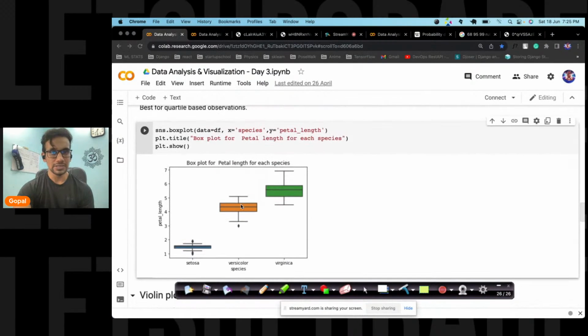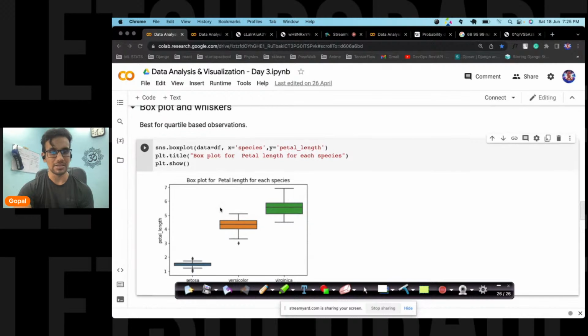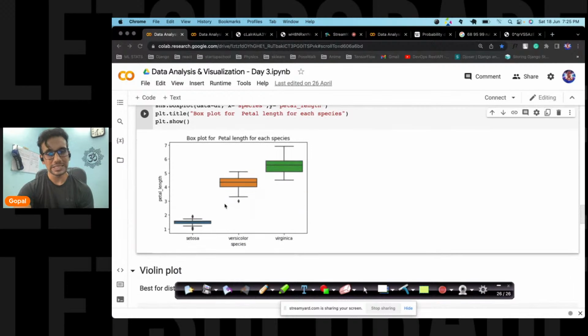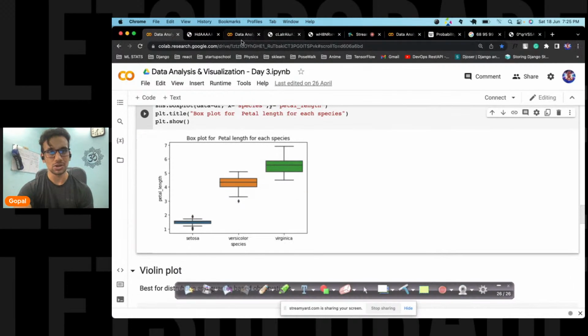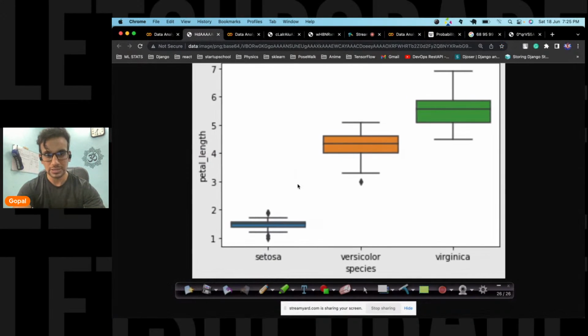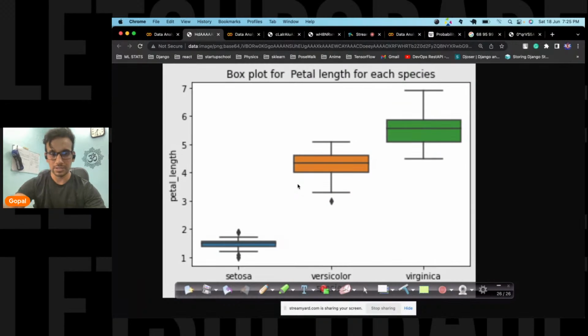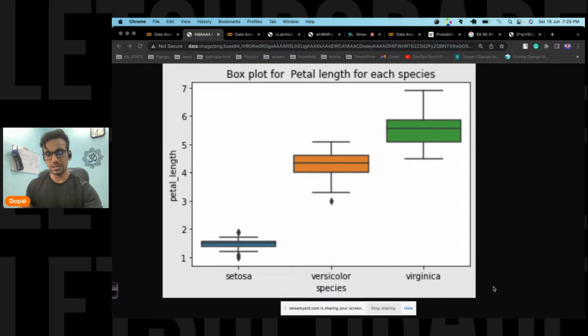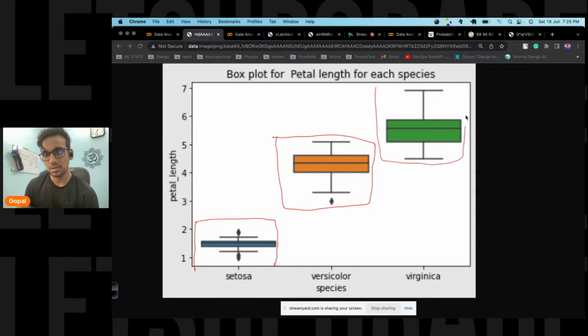Next we have box plots. These box plots are based on your interquartile ranges. Let's say for this one, and here, and here as well.